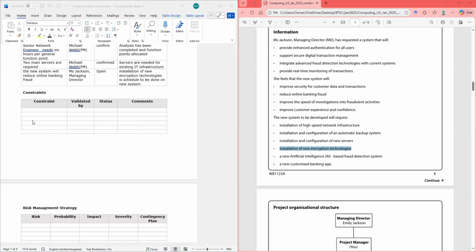All right. Constraints. Remember, when you're thinking constraints, I always say use the iron triangle. Cost, scope, time, and the outcome would be quality. Always think about those when we're doing constraints.